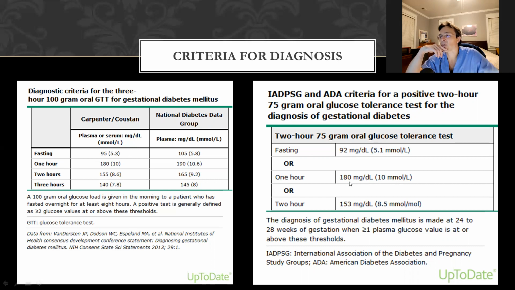And then you check at 1 hour and then 2 hours, and you want it to be below 180 after the first hour and below 153 after the second hour. In that case, if you have one abnormal or more, then you diagnose the patient with gestational diabetes.